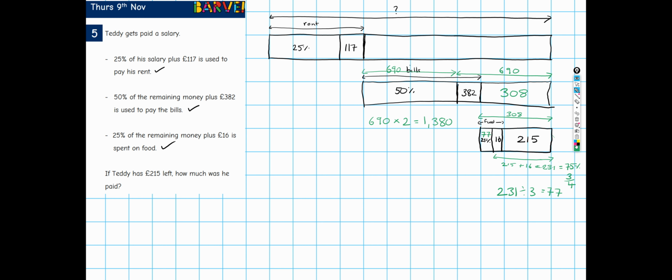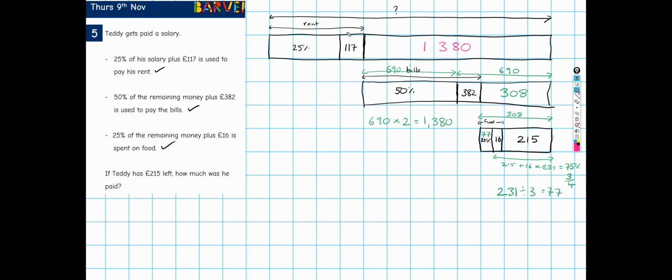Which gives us 1,380. And I'm going to change color again because I can. So 1,380, because if this whole bar is 1,380, well, this is that bar. I just redrew it down here. And we do the same thing again. So we've now got 1,380 and we've got 117.